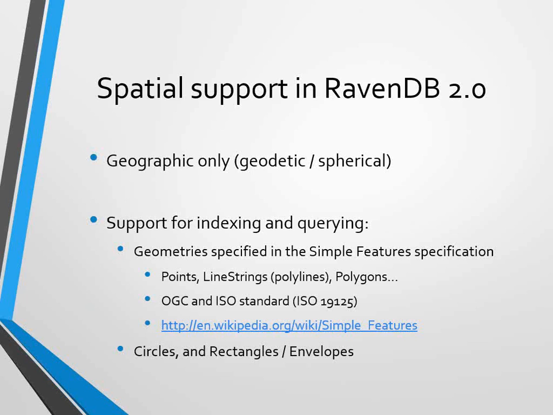I put on the screen a link where you can read more about that. But simply, that's a specification that defines how to specify points and polylines and polygons. And then, in addition to the shapes that are specified in that specification, RavenDB also supports circles and rectangles, otherwise known as envelopes.